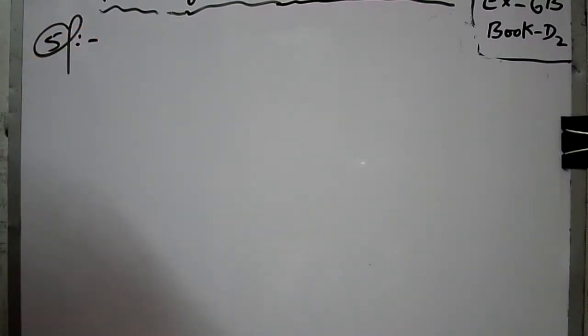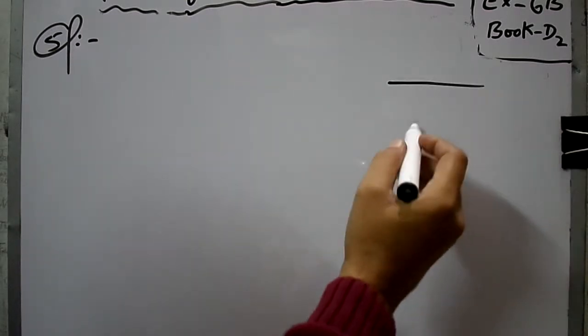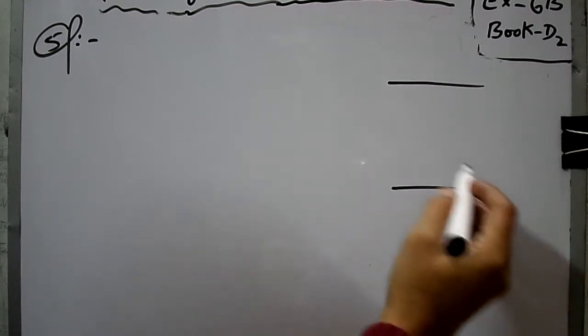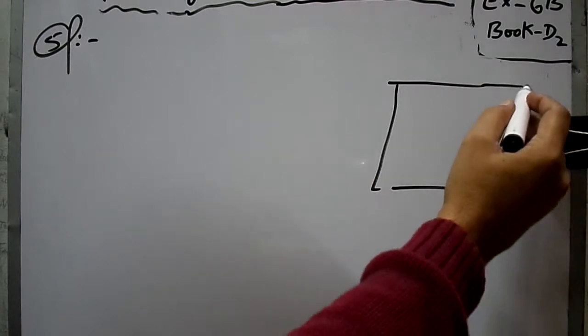In question number 5, the diagonals of the rhombus are of length 16 centimeter and 12 centimeter. Find the length of its side. So for example, just like you can say it is a rhombus.